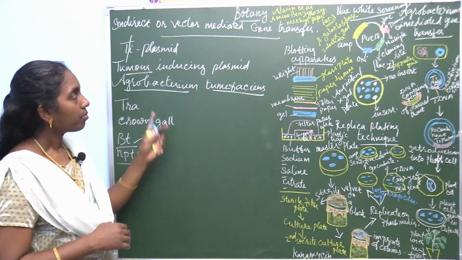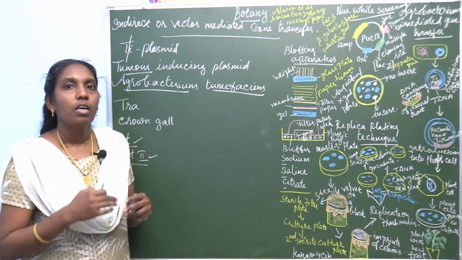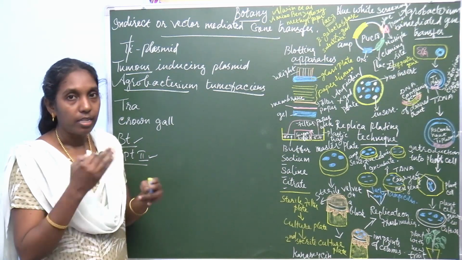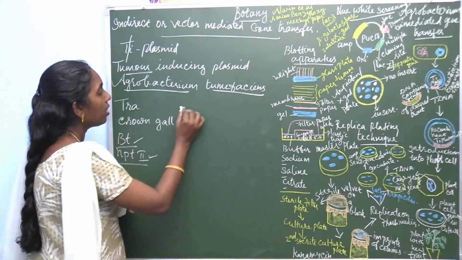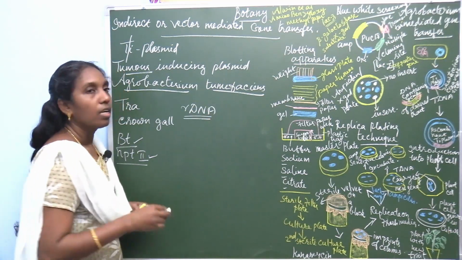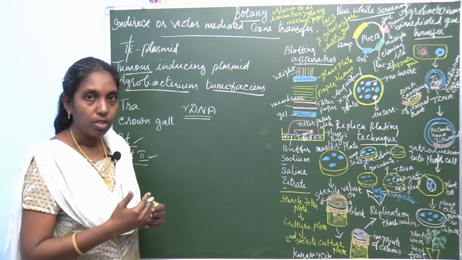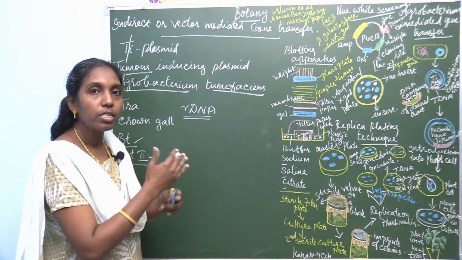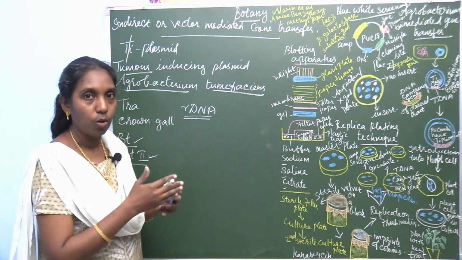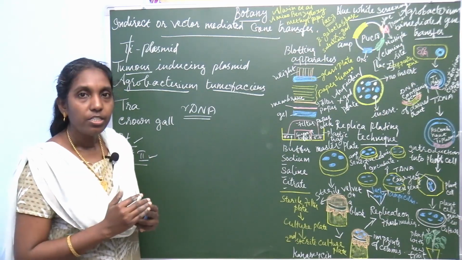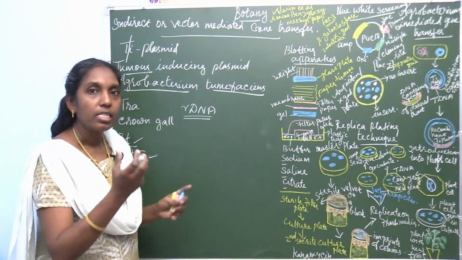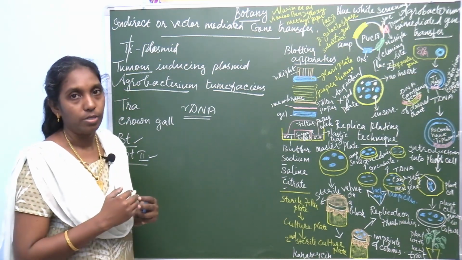After introducing the gene into the vector, we get recombinant DNA, rDNA. After developing the recombinant DNA and introducing it into the host cell, it is essential to identify whether the rDNA has been received by the host.